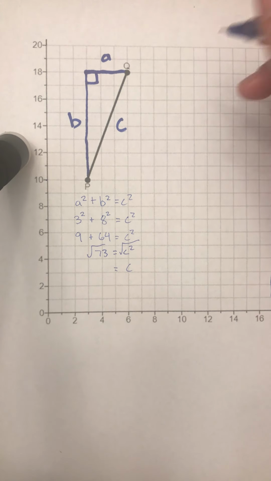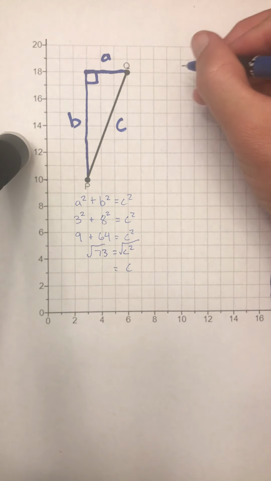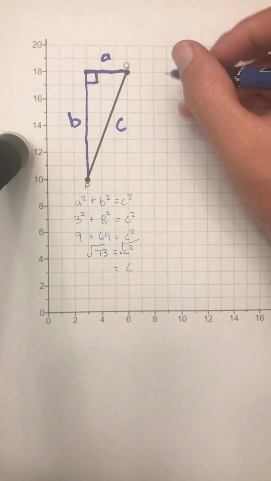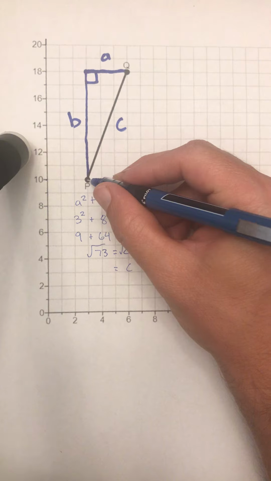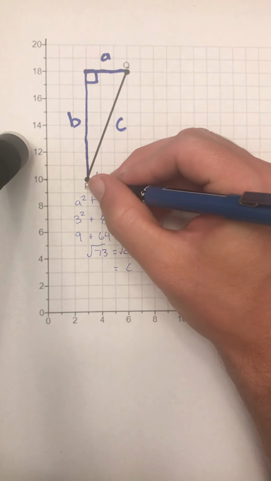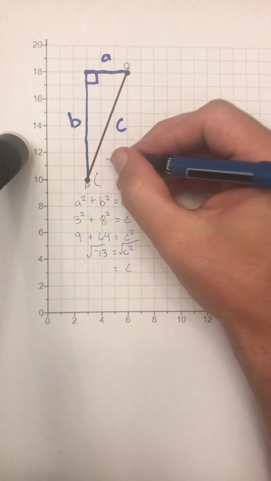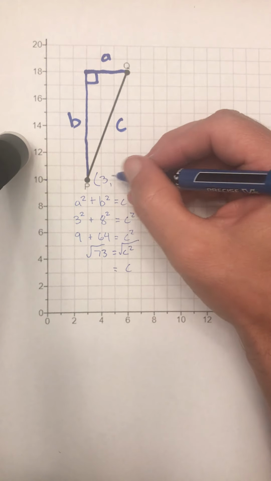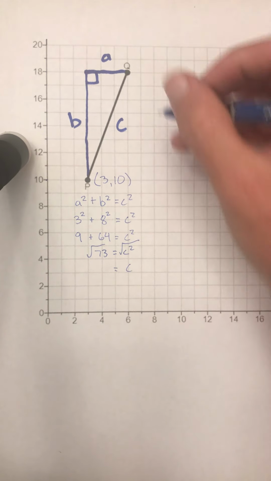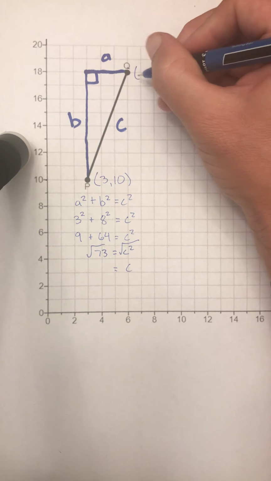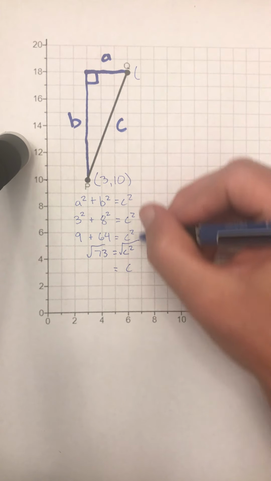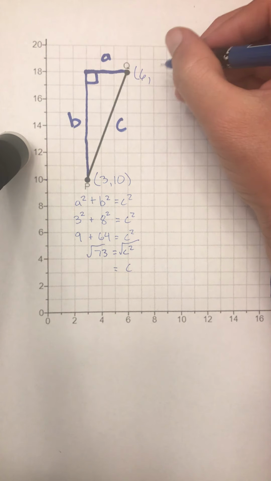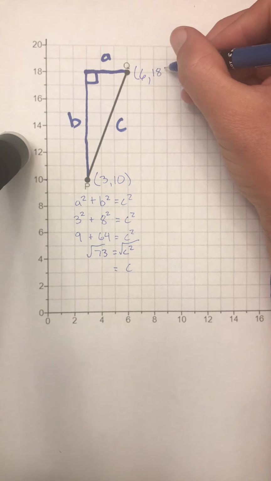Here's another way you could do this, besides just counting. You're still going to have to use the formula, but you could find the coordinates. So let's find our coordinates. The x value is 3, and your y value is 10. Your Q value, your x is 6, and your y is 18.